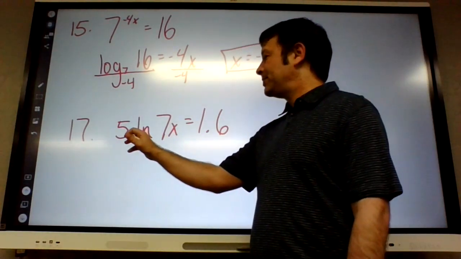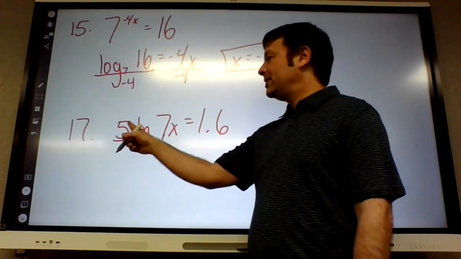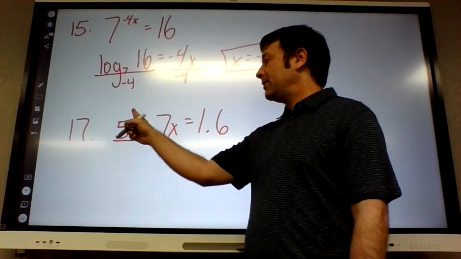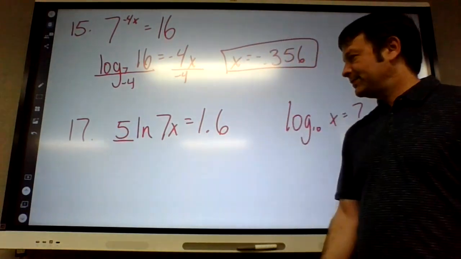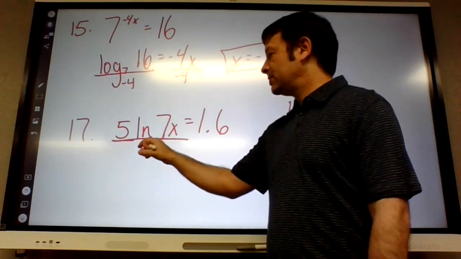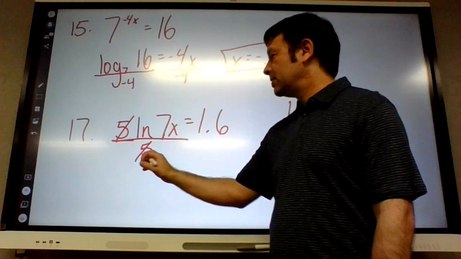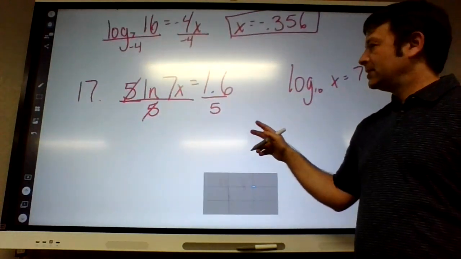This has something extra, a 5. So we need to clean this up and get rid of that 5. How do I get rid of that 5? Divide. Because it's on the front, it's multiplied, so you can get rid of it by dividing.